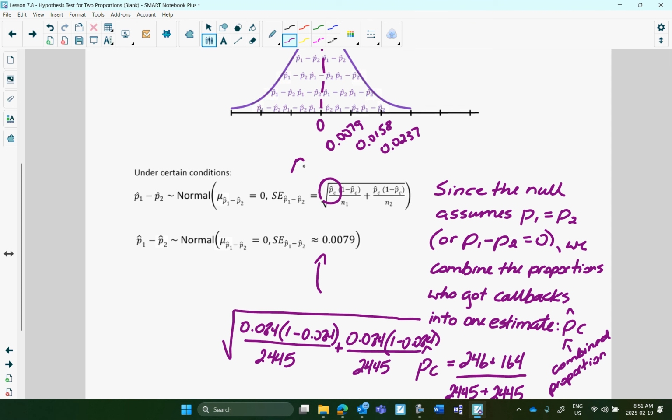And remember, we would label this horizontal axis: it's the difference in the sample proportions. And then we would go 0 minus 0.0079, so we get negative 0.0079. And then we would get negative 0.0158. And then we would get negative 0.0237.